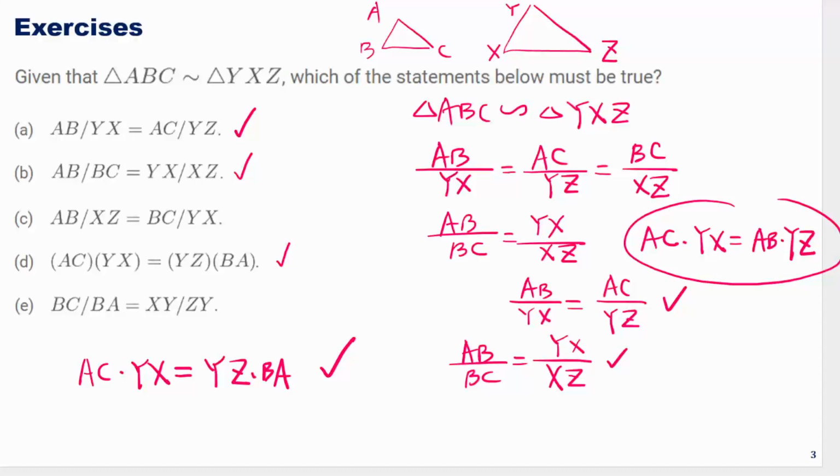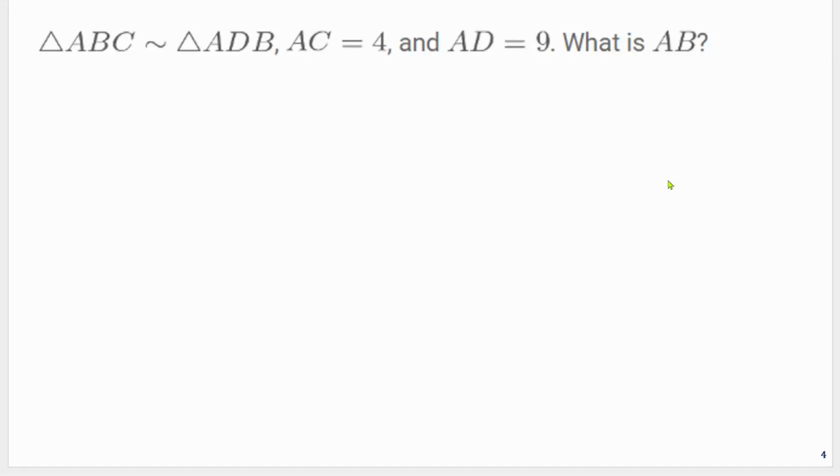So only A, B, and D must be true. Can you follow me? Okay, I see. Alright, then let's consider another quiz. If triangle ABC is similar to another triangle ADB, AC equals 4 and AD equals 9, what is AB?